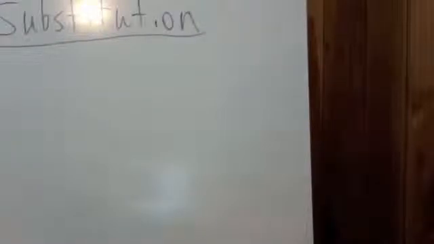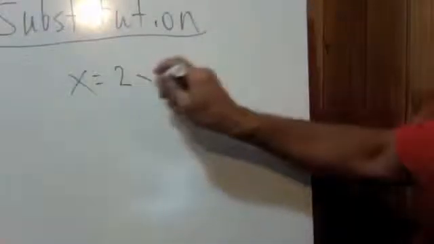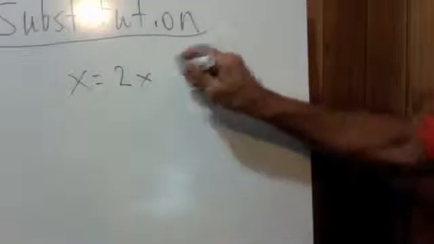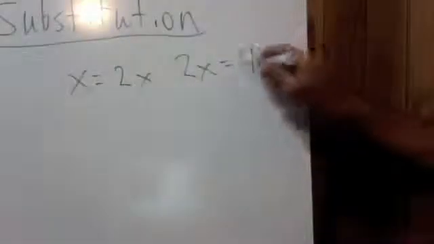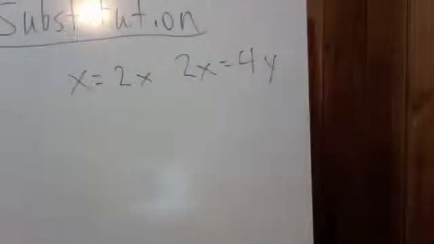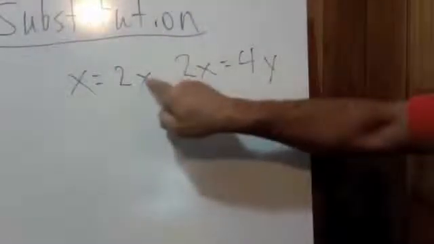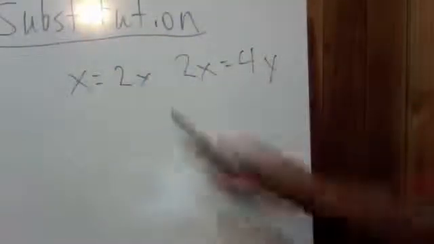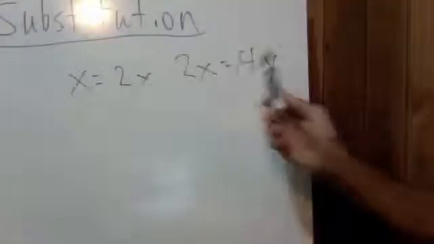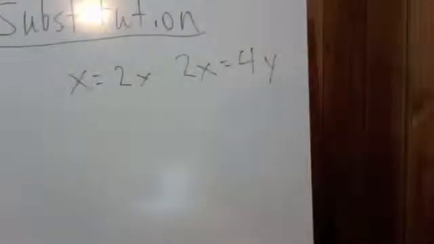Let me show you a couple of what you might call special cases. Let's say we had x equals 2y and 2x equals 4y. Now you might be able to see right away that those are essentially the same problem.